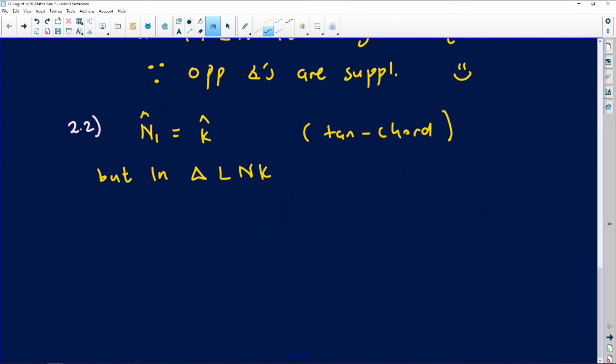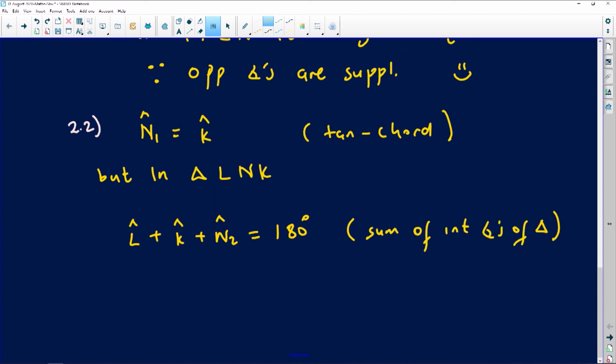So I'm going to say in that particular triangle, angle L plus angle K plus angle N2 is supposed to be 180 degrees. The reason is the sum of the interior angles of a triangle add up to 180 degrees. We already know that L is x, okay?